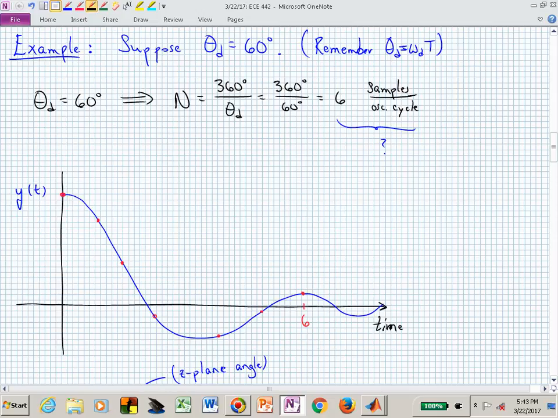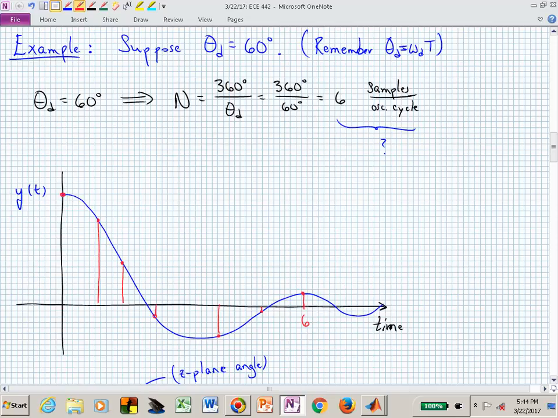What I'm saying with a theta sub d, if our poles were producing this shape, and we had poles that were corresponding to an angle in the z-plane of 60 degrees, then we would see, in the discrete time sense, only these values where these dots are, and I apologize if these don't look uniform, but that's what I get with respect to drawing. But those would be uniformly distributed along this oscillatory shape.